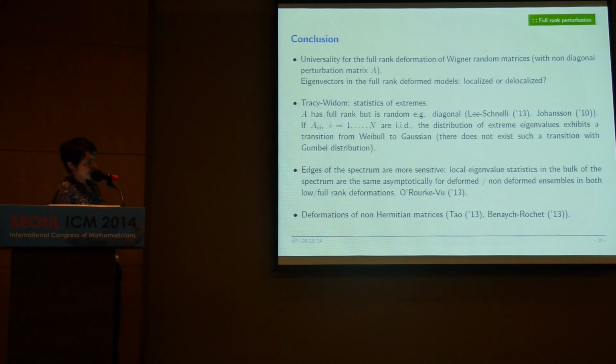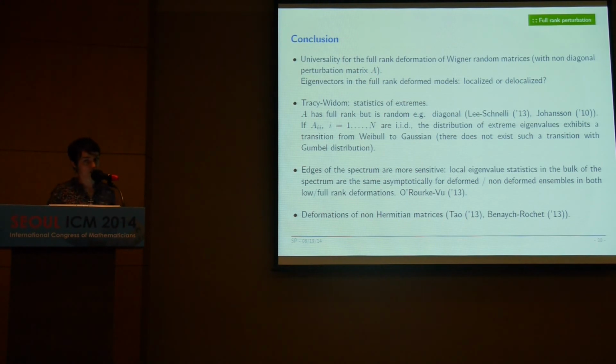So it would be natural, actually, to expect a transition from usual statistics of extremes to the Tracy-Widom distribution. We can simply consider a diagonal matrix with IID entries and add a Wigner matrix by suitably choosing the weights of either the diagonal matrix or the Wigner matrix.